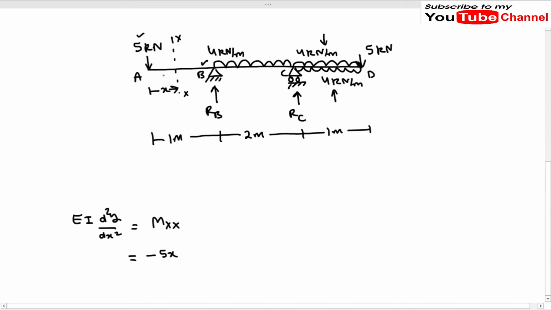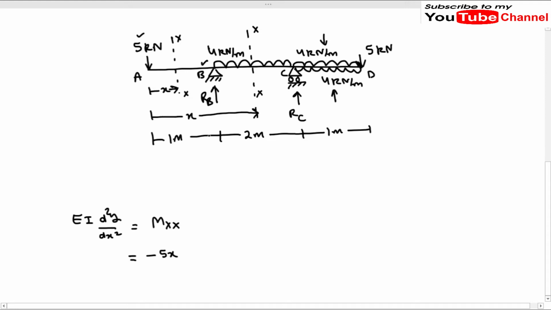Okay, now we will move this section XX in the segment BC. So now our section is in the segment BC like this. This is our section XX, and the distance will be x, and it should be very clear. We always measure the distance x from point A, or you can say from the starting point of the beam.